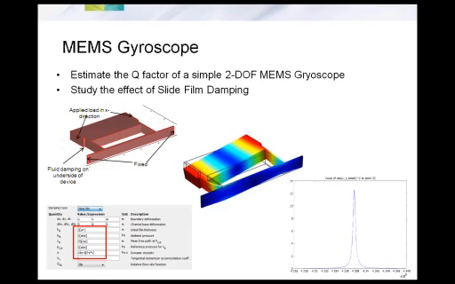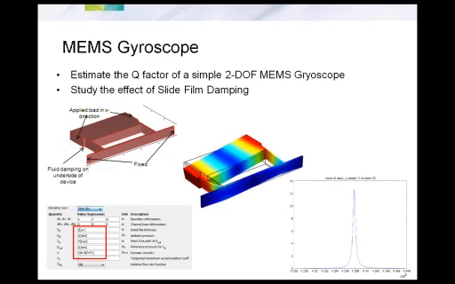This model is basically used to find the effect of damping on the Q factor of this gyroscope. Remember that in this model, all other damping mechanisms, say the intrinsic damping and things like that, are assumed to be extremely small, and therefore just the damping caused by the air film is included in this model. Of course, if you wanted to, you can add other damping mechanisms as well.